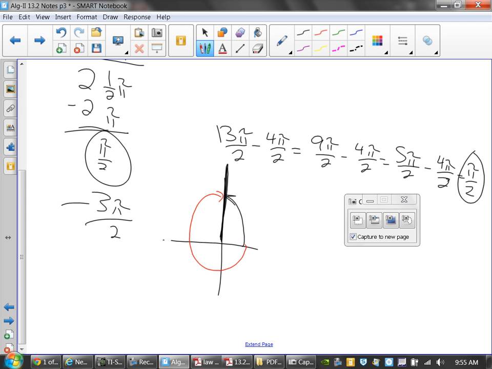One way that I think a lot of students see this better is by using this common denominator. Even though it's working with fractions, it's not as bad, because what you're doing is unwinding your revolutions. Let me show you another one.